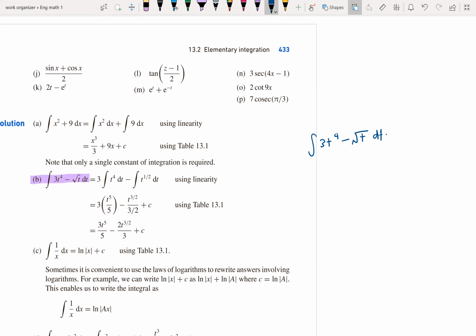So what we have to do is separate the function first: 3t^4 dt, and then minus square root t dt.